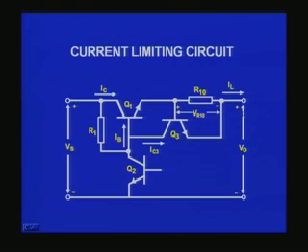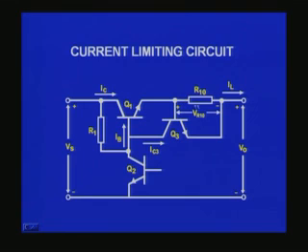So now this feature, how do I choose R10? I can easily choose R10 by knowing what is the maximum current I want to limit. For example, if I want 1 ampere current, I will have to have 0.7 volts here to make this transistor turn on, forward biasing the transistor in the case of a silicon transistor. Therefore 0.7 volts divided by 1 ampere is 0.7 ohms.